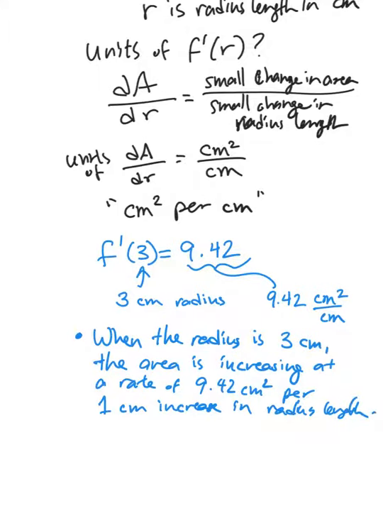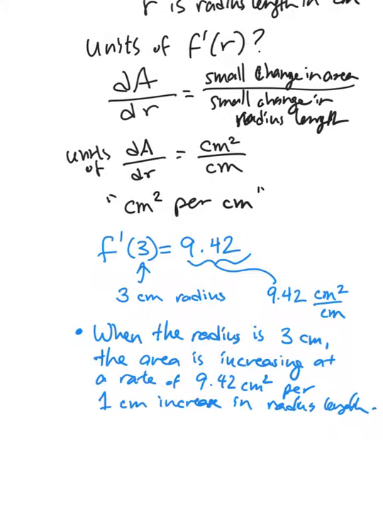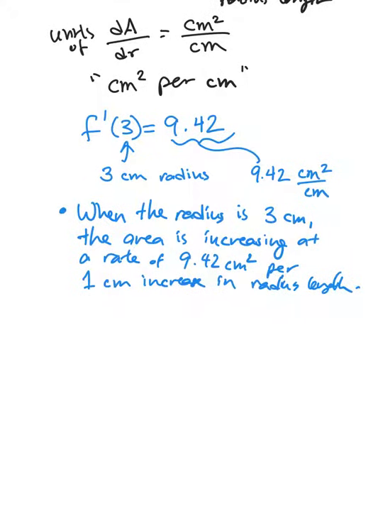That's one way to say that. I don't want to reduce this to just centimeters because the area is not increasing at 9.42 centimeters. 9.42 centimeters is not a unit of area.